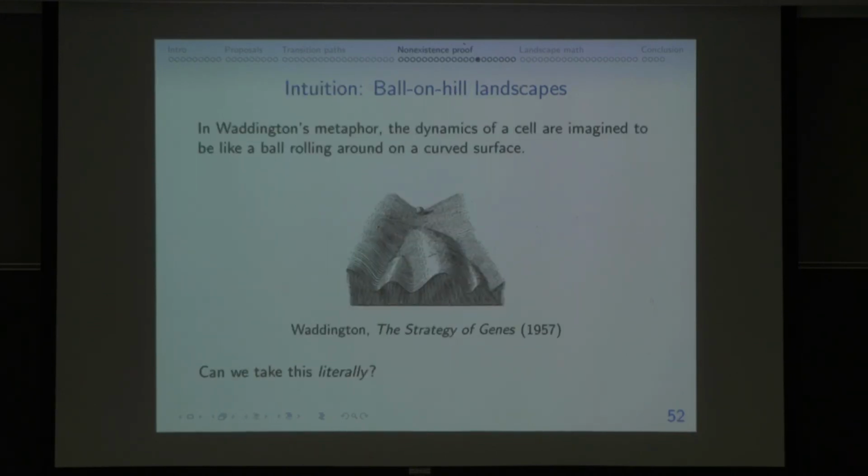Okay? We can get really bold and say, if Waddington imagined the dynamics of the cell as being like a ball rolling around on some landscape, can I take that completely literally? Can I come up with some surface for which you have the geodesic motion coupled to some sort of force of gravity, and can I get those solutions to match what we know to be correct?